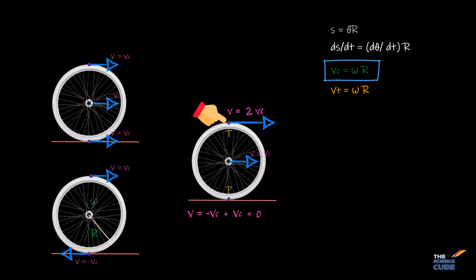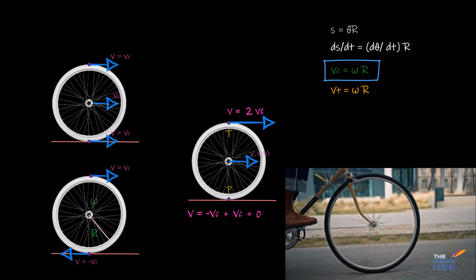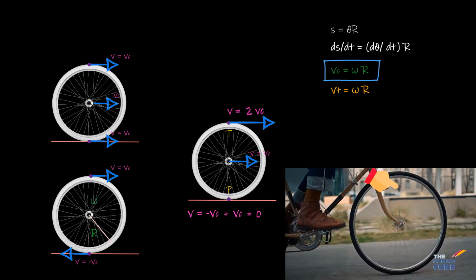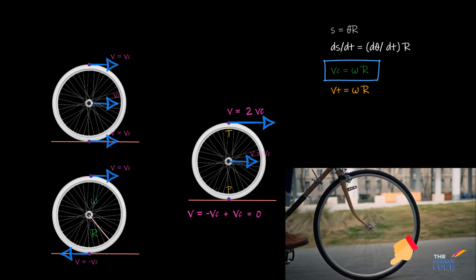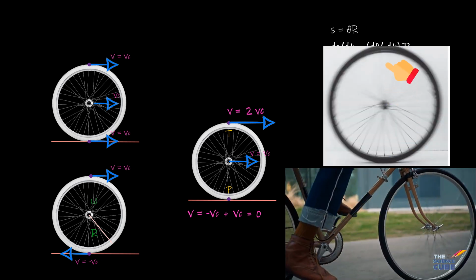Now this might be a very surprising discovery. I would actually say quite magical. But you observe this time exposure of a rolling bicycle wheel, and it is quite observable that the wheel is moving faster here than the bottom, because you can see the spokes are quite blurred at the top than at the bottom.